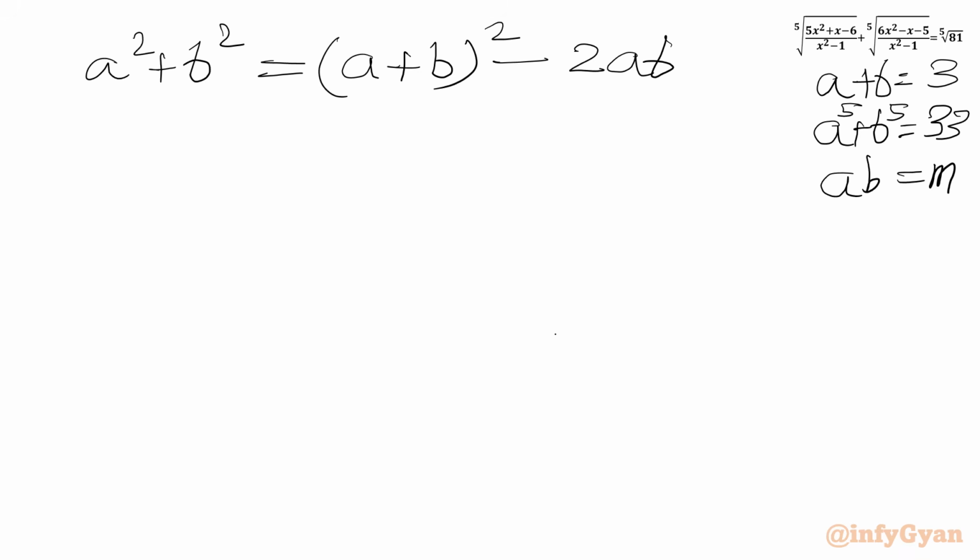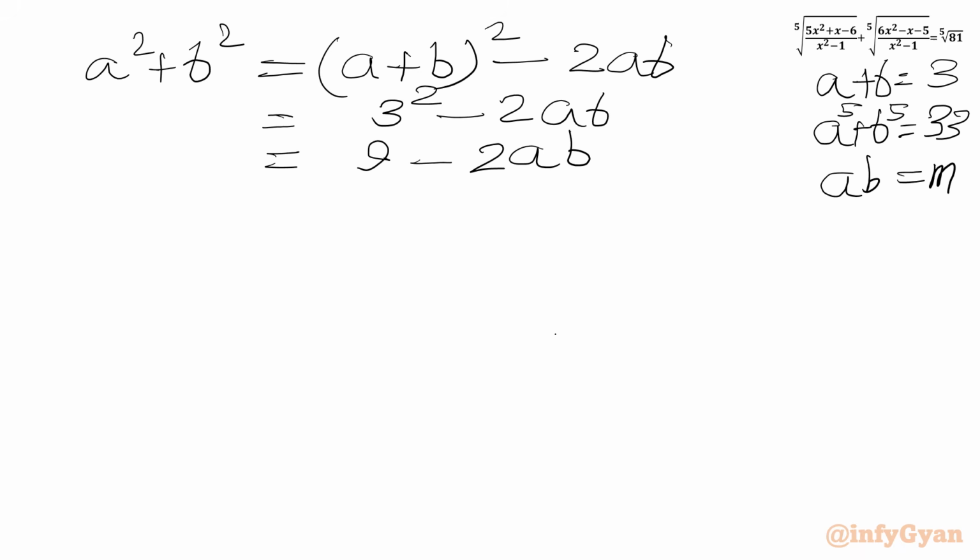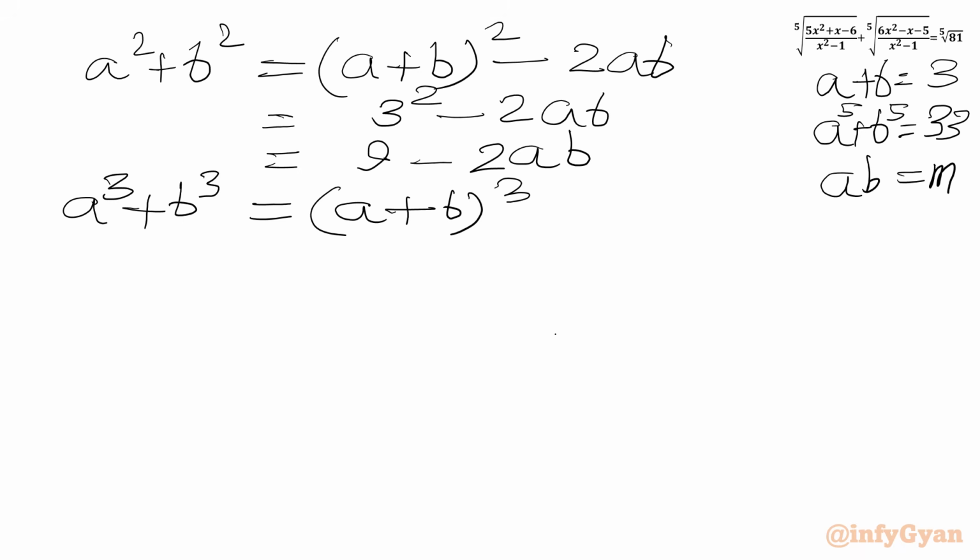So a plus b is 3. I will write here 3 square minus 2ab, so a square plus b square will be 9 minus 2ab. Similarly, I will write here a cube plus b cube, which will be equal to a plus b whole cube minus 3ab times a plus b.